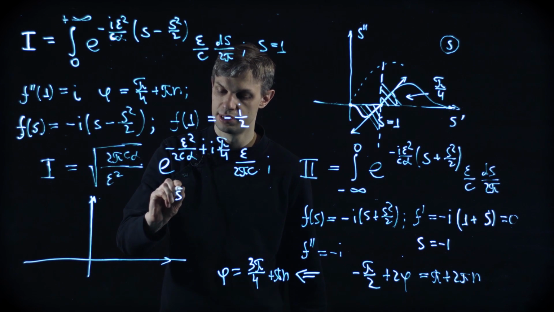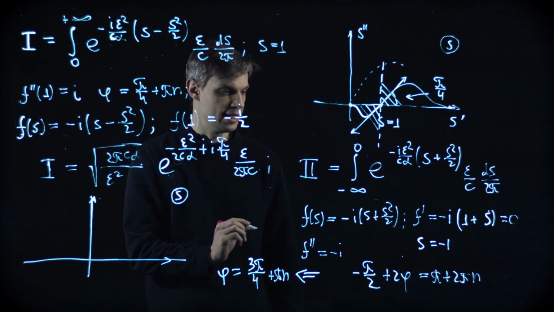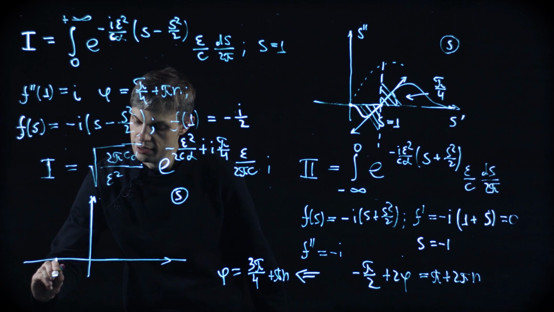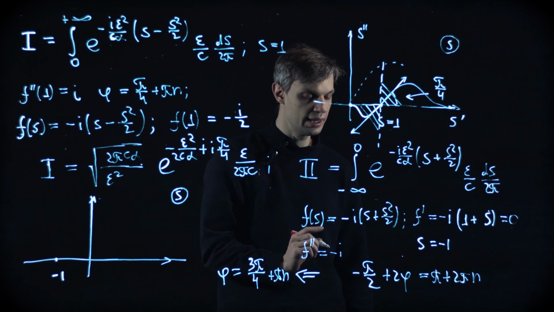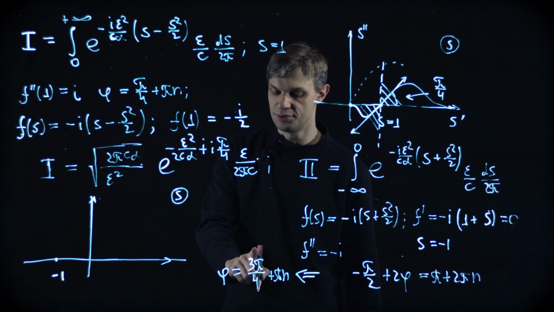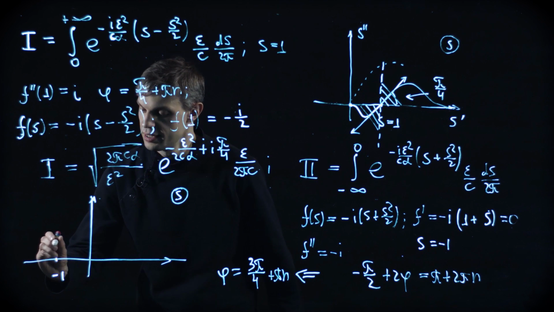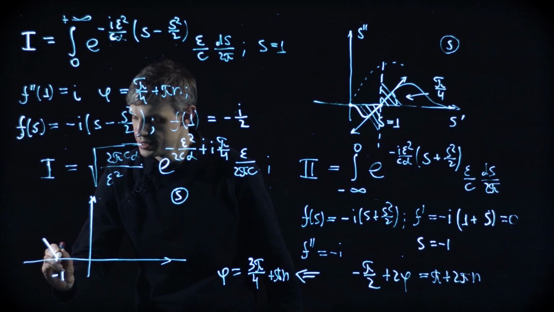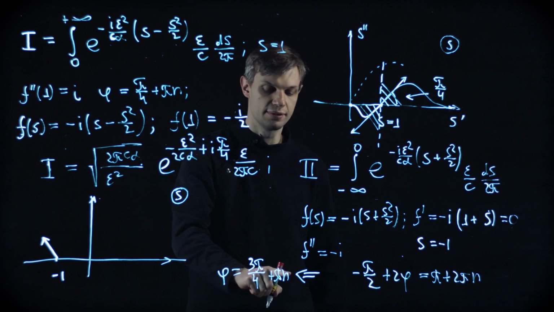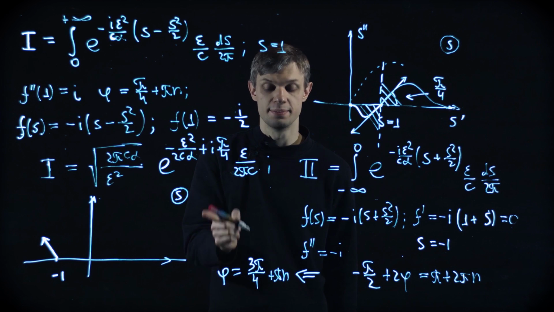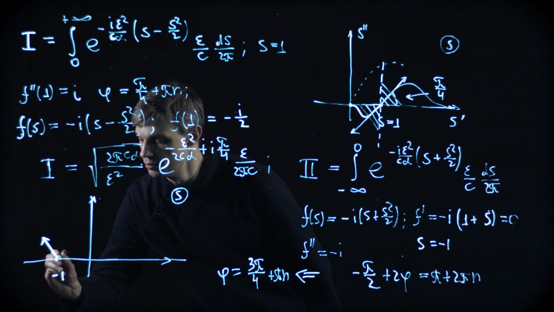And here we just have a little space left to draw the correct deformation of our contour. So here is our complex variable s. Here is our saddle, negative 1. And this is our steepest descent direction. So it's 3 pi by 4. It's this direction. It's either this, when n is equal to 0, or suppose n is equal to negative 1, it's minus pi by 4. So it's the opposite direction.